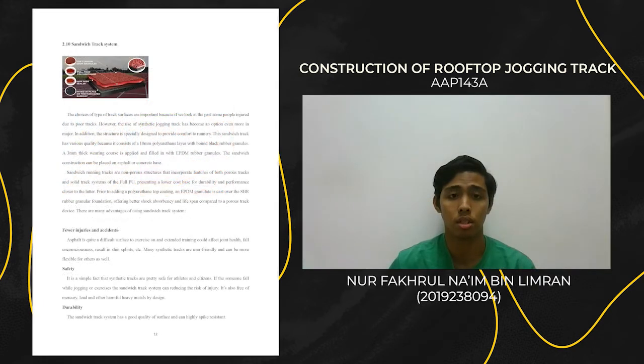Sandwich track system. The choice of track surface is important because if we look at the past, some people were injured due to poor track. Sandwich track system has become an option even more in major and competitive events because it can absorb pressure well. In addition, the structure is specially designed to provide comfort to runners.